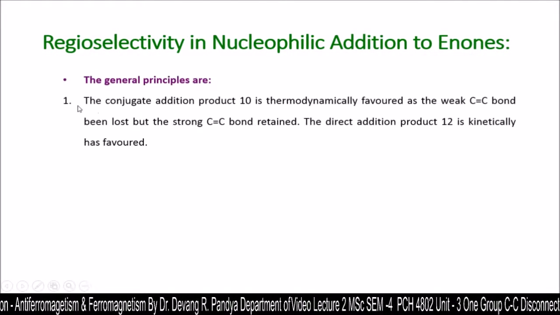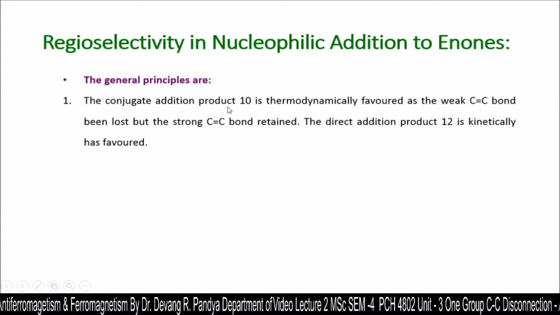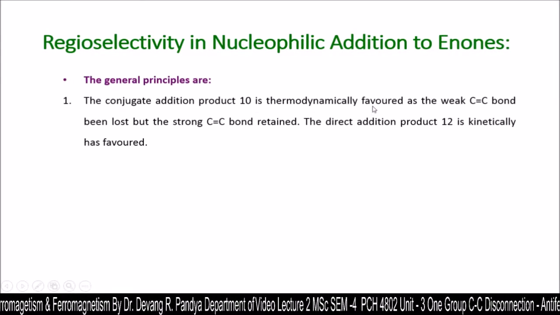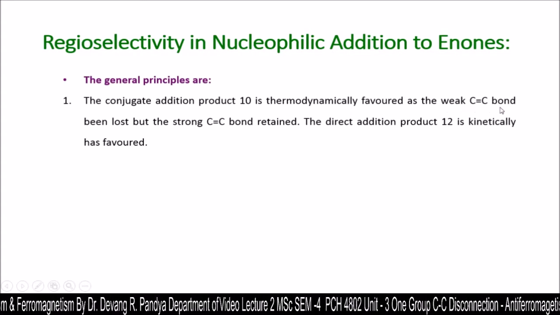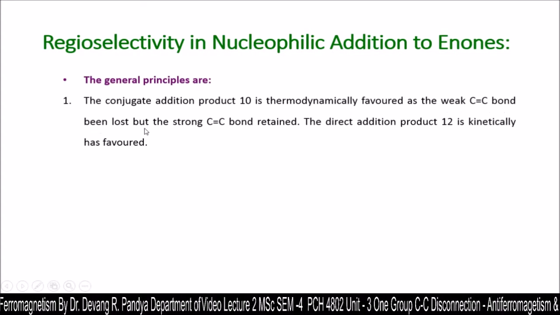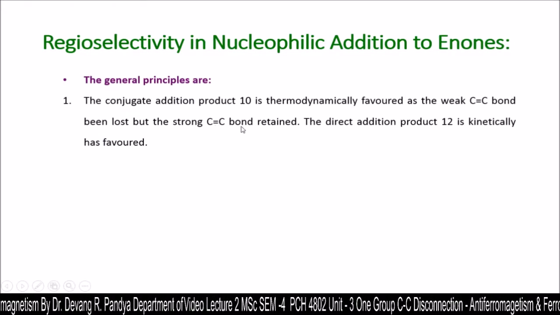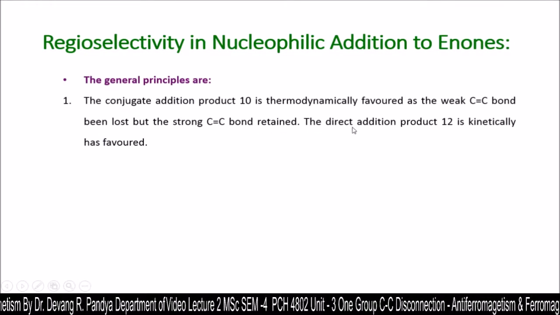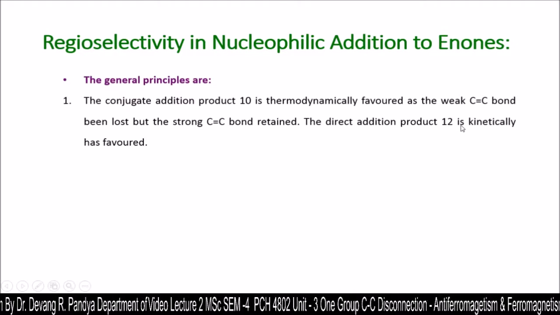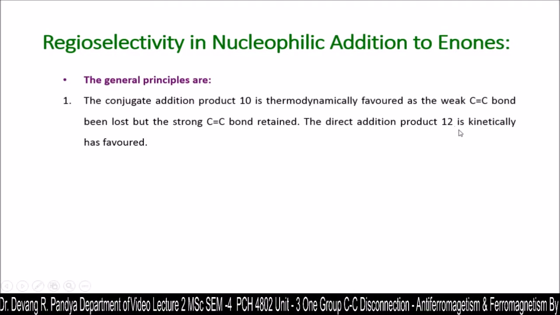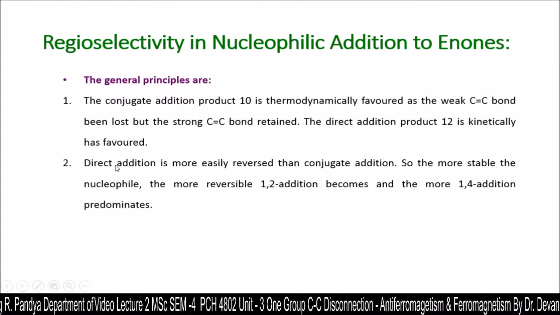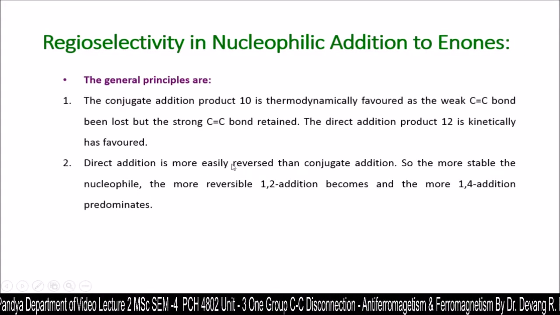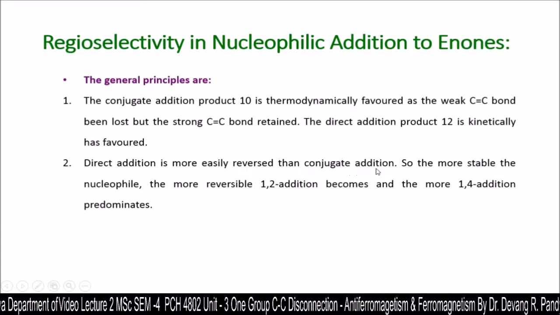Among them, number 1, the conjugate addition product 10 is thermodynamically favored, as the weak double bond is lost but the strong double bond is retained. The direct addition product 12 is kinetically favored. Direct addition is more easily reversed than conjugate addition.